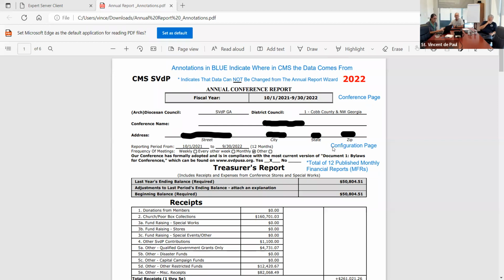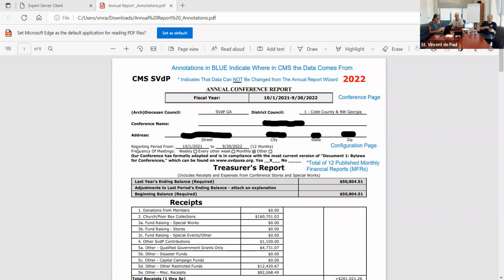Since you don't have any questions on the title section, if you ever had to change any of this information, at least up to here, you have to go to your conference page. If you go to My Conference on the left-hand side of your task pane and then go to the conference page, you will see this information that you're able to change. Do not forget to hit save, because if you don't click save, it's not going to be reflected in the annual report. That's how you would change this information.